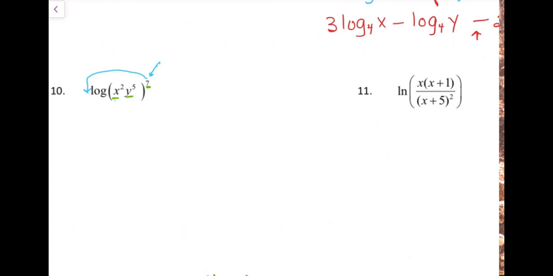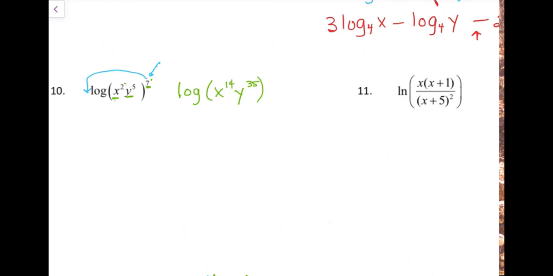If I did that, this would change that problem into the log of x to the 14th, because a power to a power, they get multiplied, and a y to the 35th. And then you would follow the rules we've been doing. You would split it at the multiplication and then deal with the powers. And that's a perfectly fine approach.